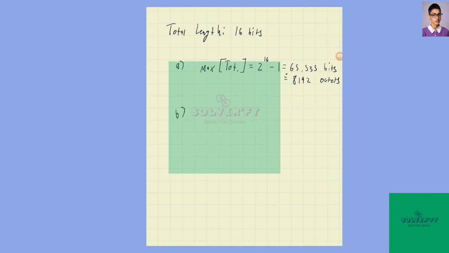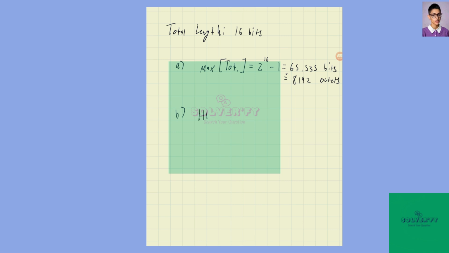For part B, we're asked about the largest possible value of the hlen, which is 4 bits long and determines the maximum total header length in 32-bit blocks. We want to figure out that value and the maximum total header length in octets.